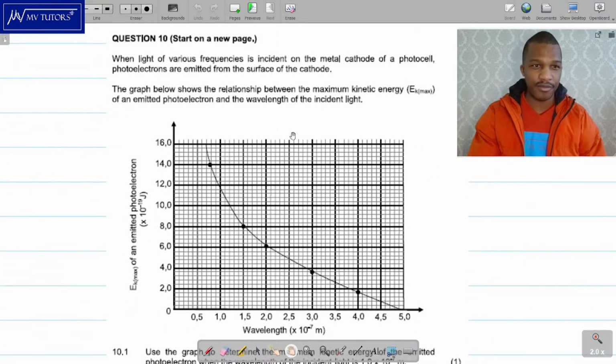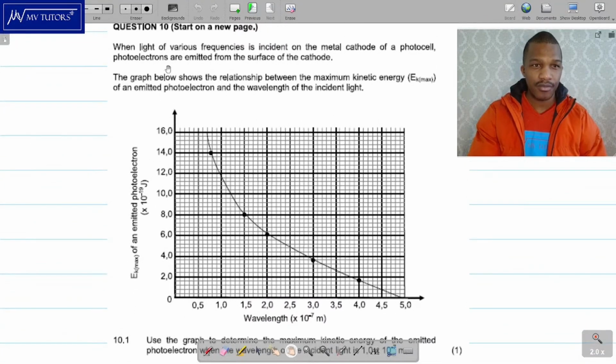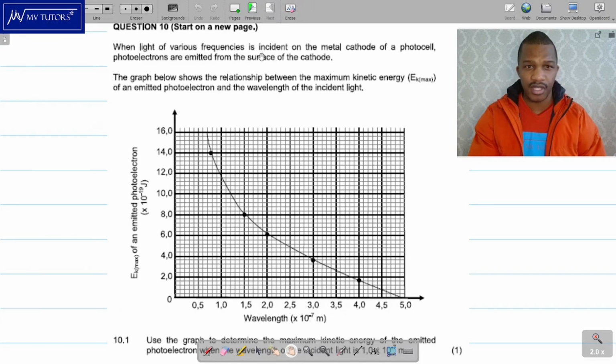Question number 10. It says, when light of various frequencies is incident on the metal cathode of a photocell, photoelectrons are emitted from the surface of the cathode.